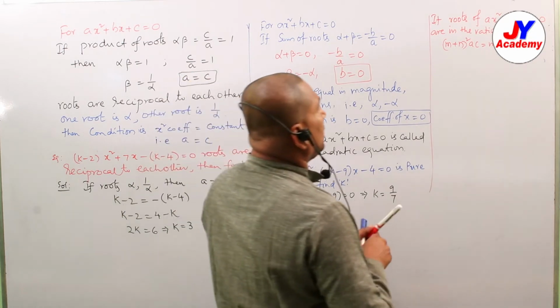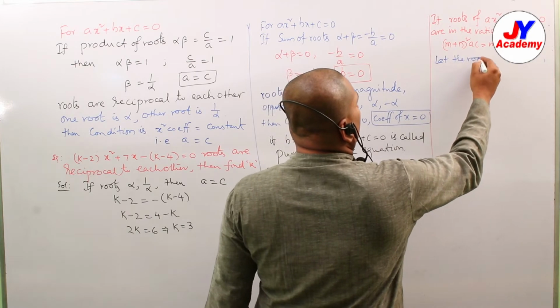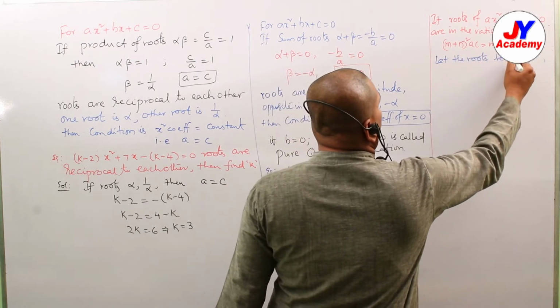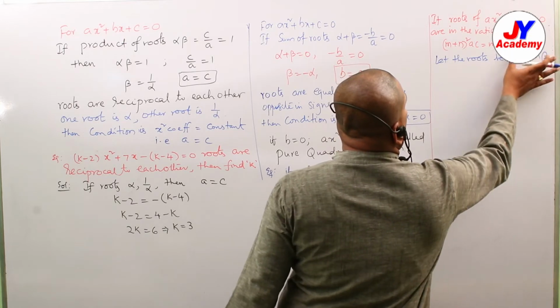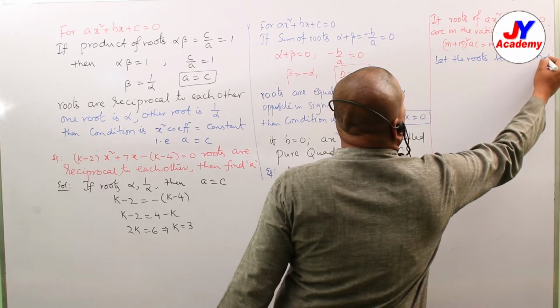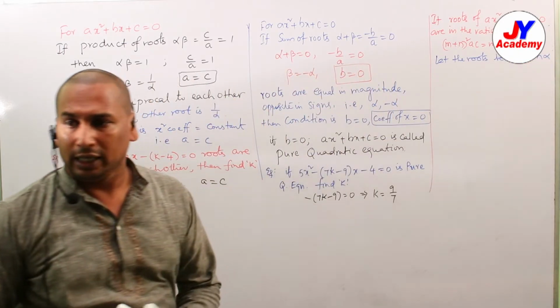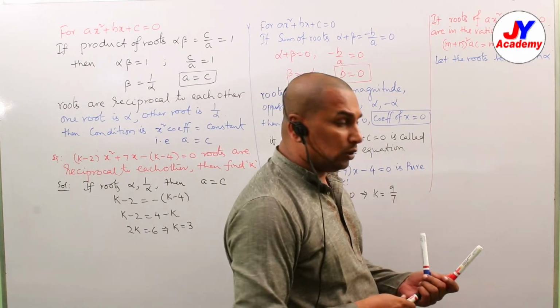So let the roots be m alpha, n alpha. Why should we take m alpha, n alpha only?